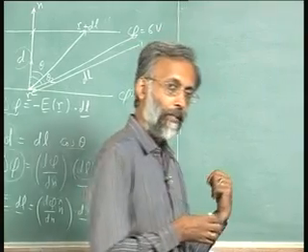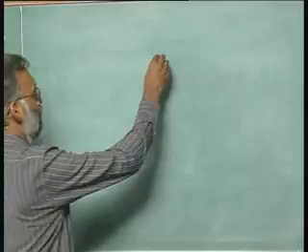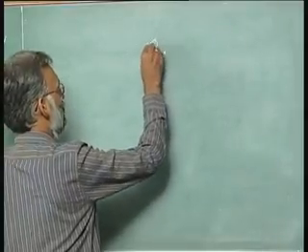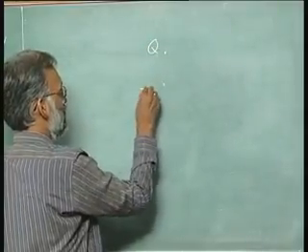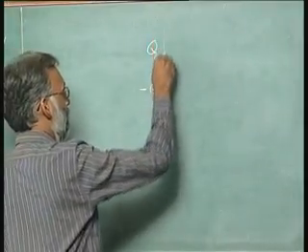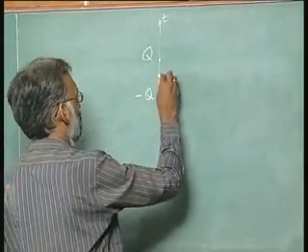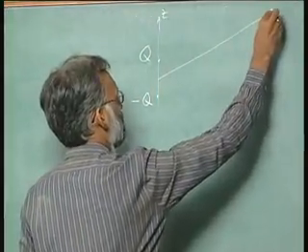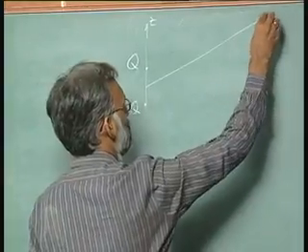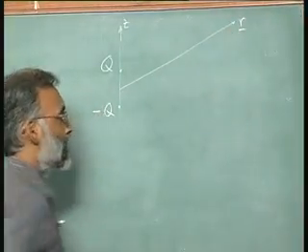Let us do the same thing with the electrostatic potential. So, I have a charge capital Q, I have another charge minus Q, this is the z direction, and some distance far away is an observer. So, I am putting my origin here, and this is the position r.